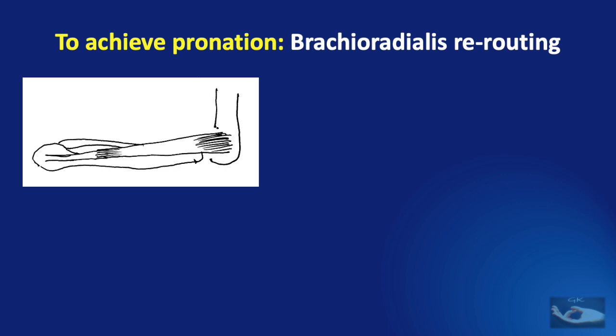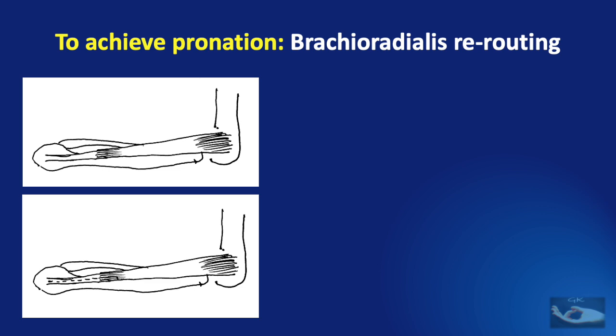The procedure of brachioradialis rerouting to achieve active supination is similar to the procedure described earlier, but there is a difference. The brachioradialis tendon is divided in a Z manner over a length of 6 to 8 centimeters to get two long slips.